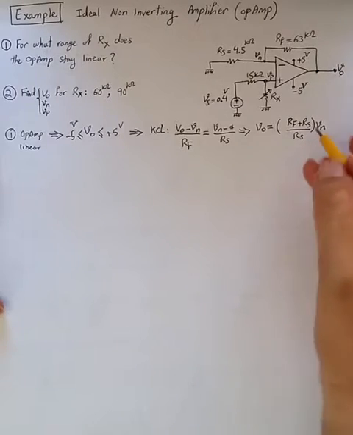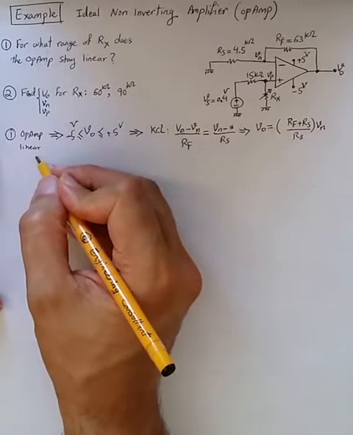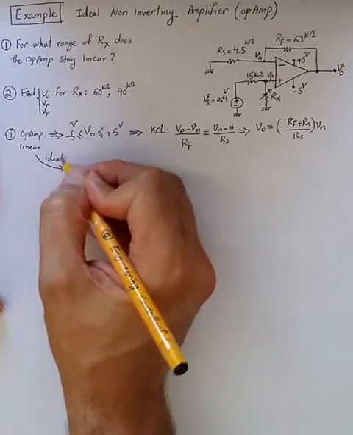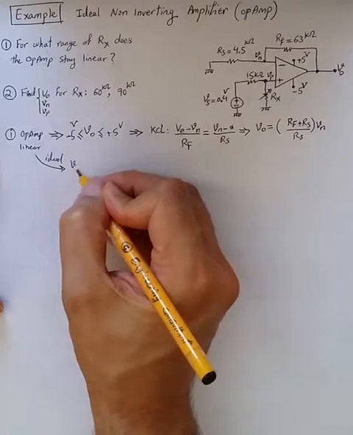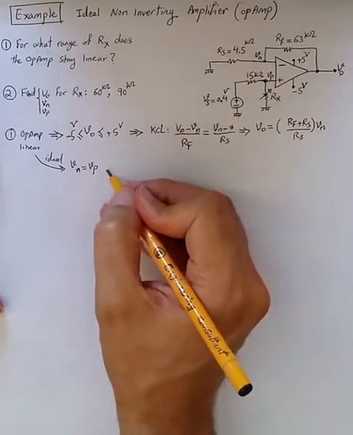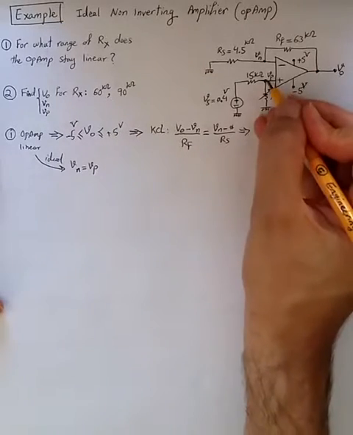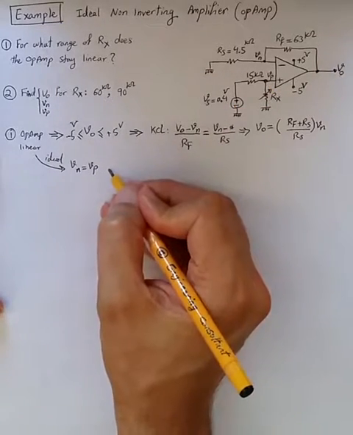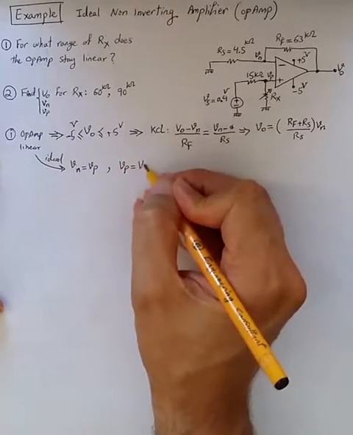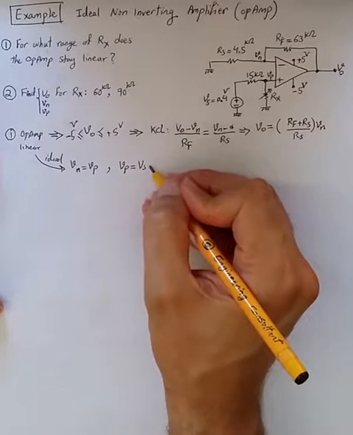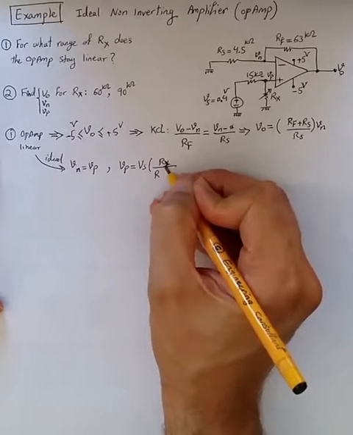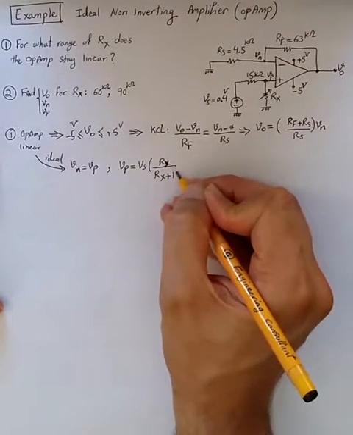Now our next move is, given that the op-amp is linear, and of course ideal, we know that Vn should be equal to Vp, a virtual short between the two input ports of the op-amp. And we know the relationship between Vp and Vs also: Vp is equal to Rx divided by Rx plus 15k times Vs, that's a voltage divider.